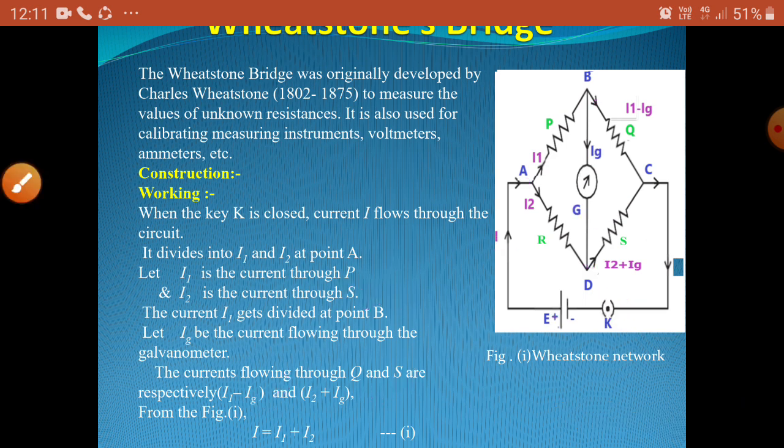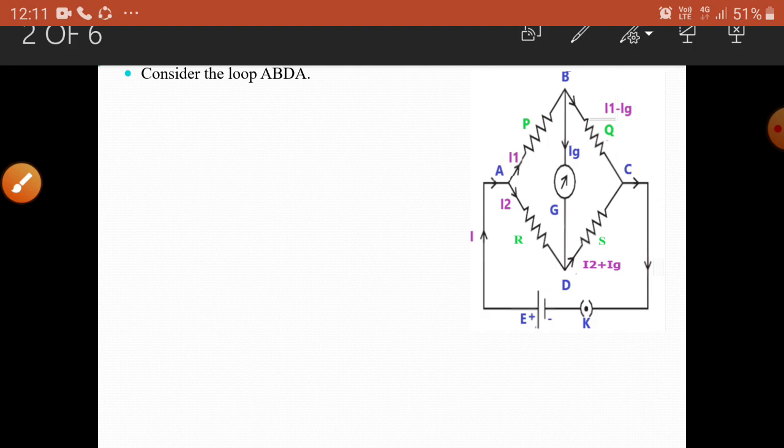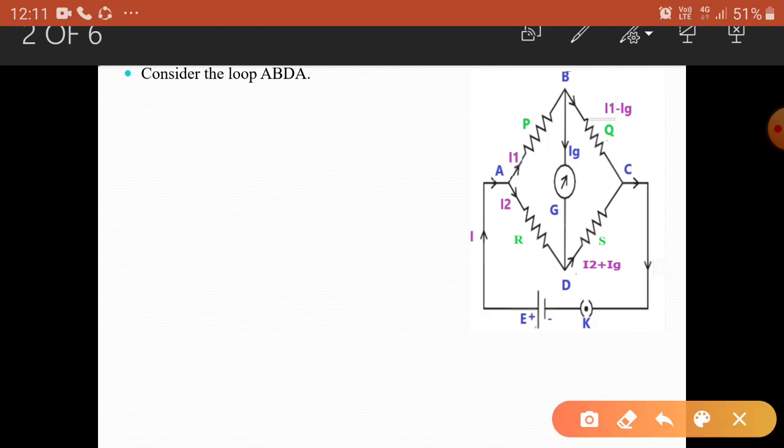Now from the figure we can write I is equal to I1 plus I2. Now in this network we have to apply Kirchhoff's law for the loop ABDA. This is the loop ABDA, and its direction of tracing is along the direction of conventional current.